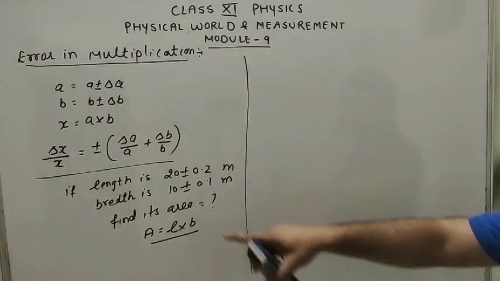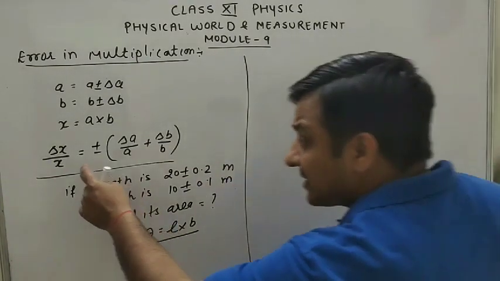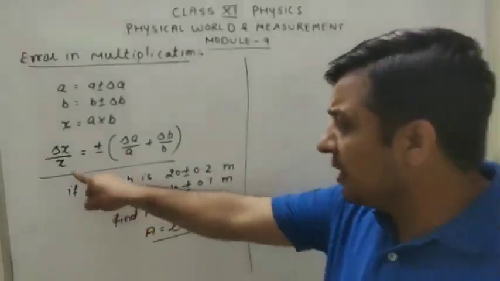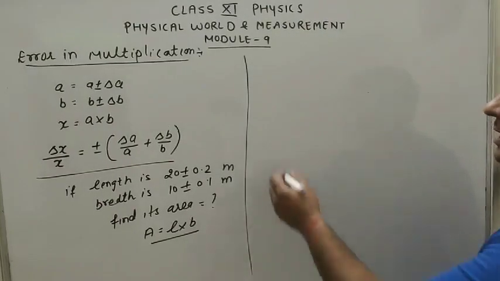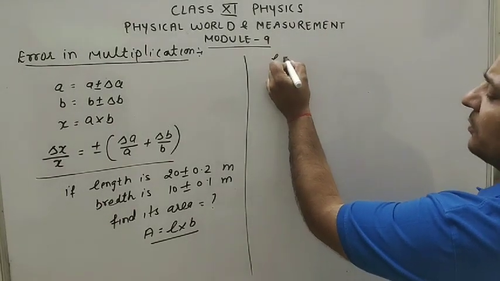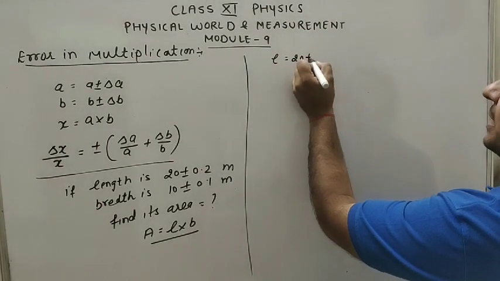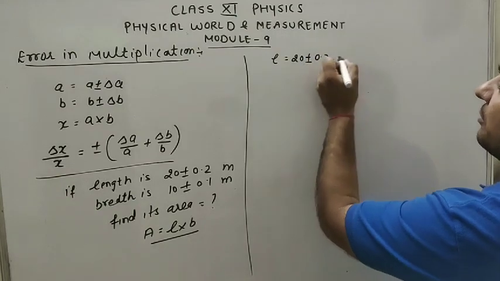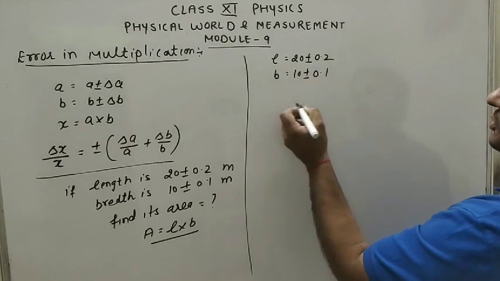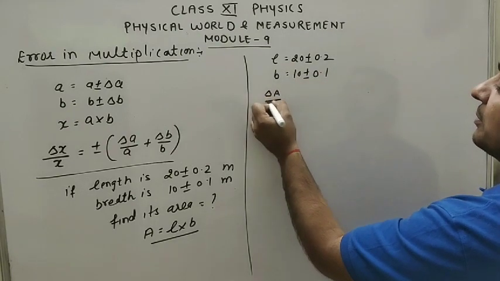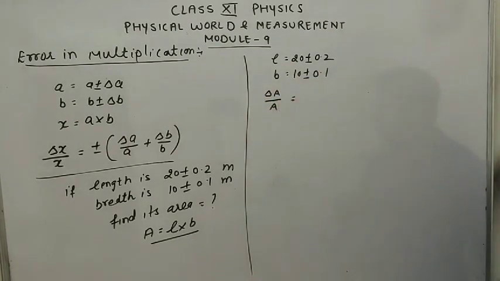So here, now let us start the question. Dear friends, you will use the formula. X means here you will write the product of these two numbers, and two numbers are given by L, that is equal to 20 plus minus 0.2 and breadth 10 plus minus 0.1. So area delta A by A, you will write in such a manner.